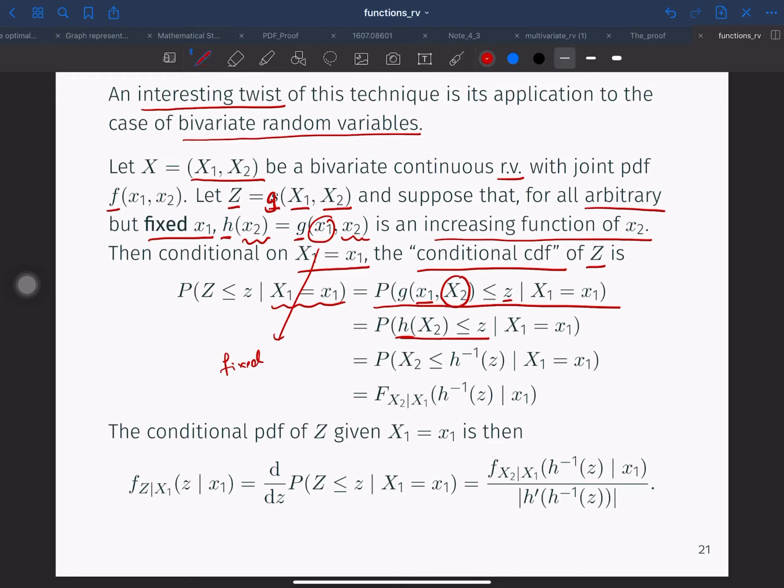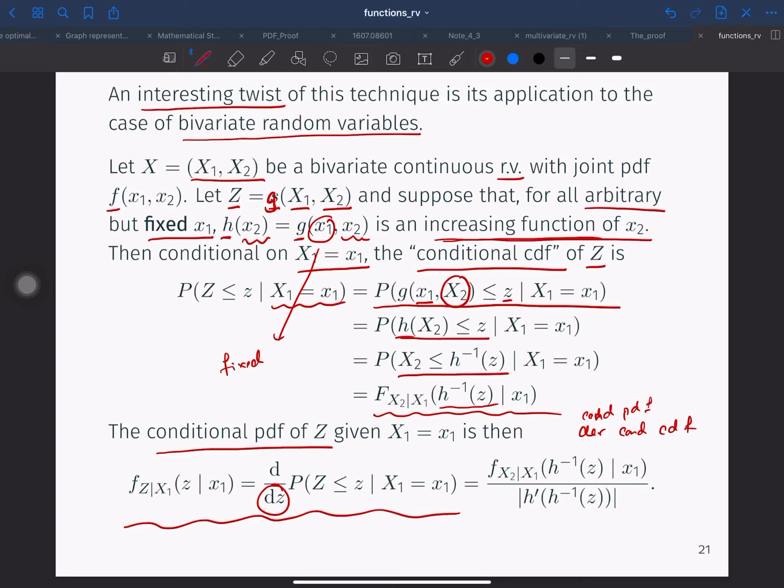And now because h is increasing, I can take its inverse, so that is X2 at most h inverse of z. This is nothing more than the CDF of X2 given X1, evaluated at h inverse of z. So the conditional PDF is just the derivative with respect to z of the conditional CDF.